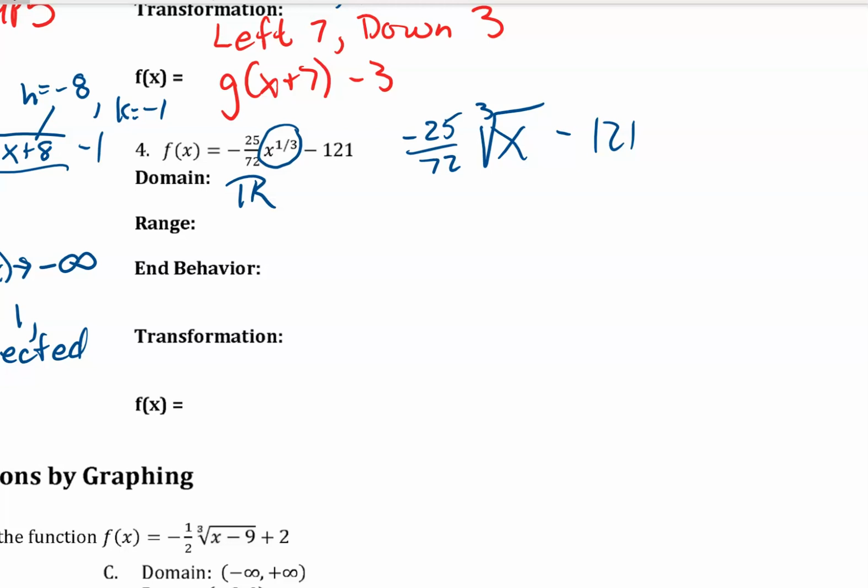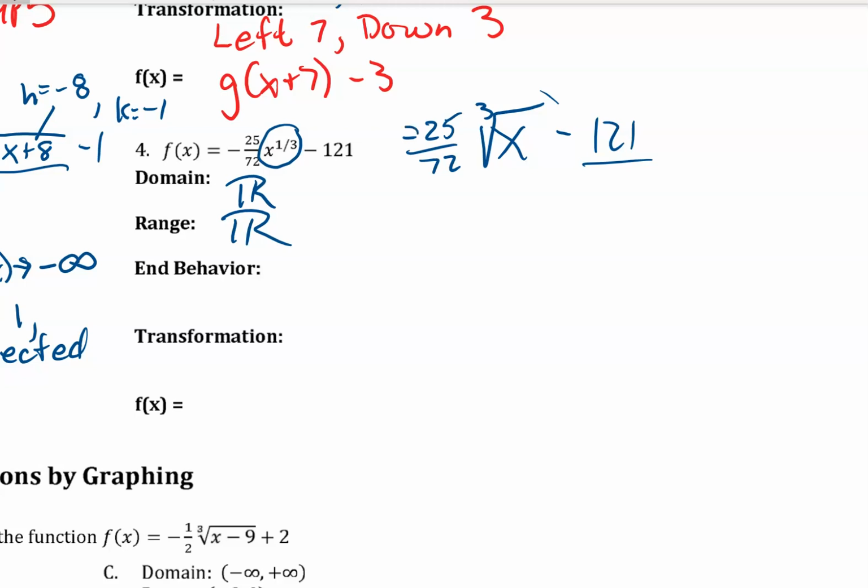The range, well, if x is a large negative number, I'd multiply that by a negative. That would become positive. And then if I subtract 121, if x is a big enough negative number, it blows away 121. So my range is also unrestricted.